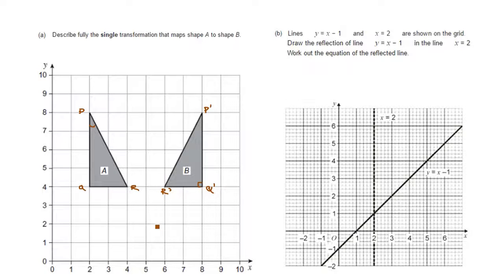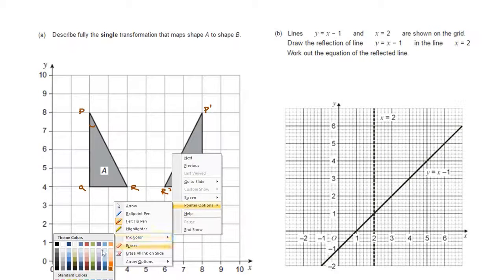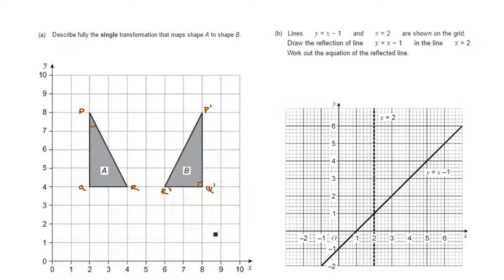So how does that help with the task of describing the single transformation that maps A onto B? Well, I can tell immediately that of the four basic transformations, it's not a translation, neither can it be a rotation. And that's because if I look at this labelling, I'm going anti-clockwise around the shape with the object.